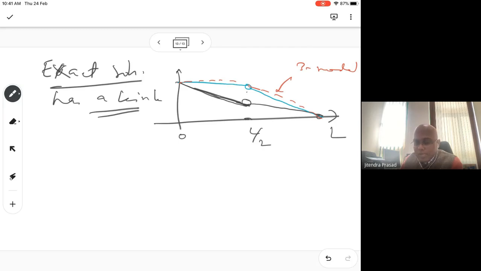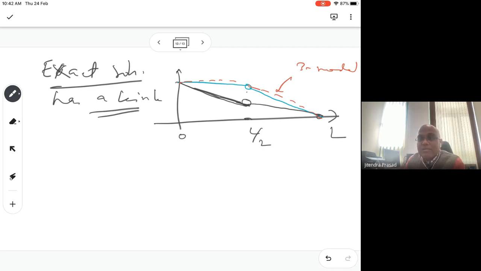Hence, you should have some idea about what kind of solution it will be. And typically, if you have something smooth, for example, the area is uniform or the material property is uniform, then you know that everything will be continuous. Here also it is continuous, but only your strain becomes different.